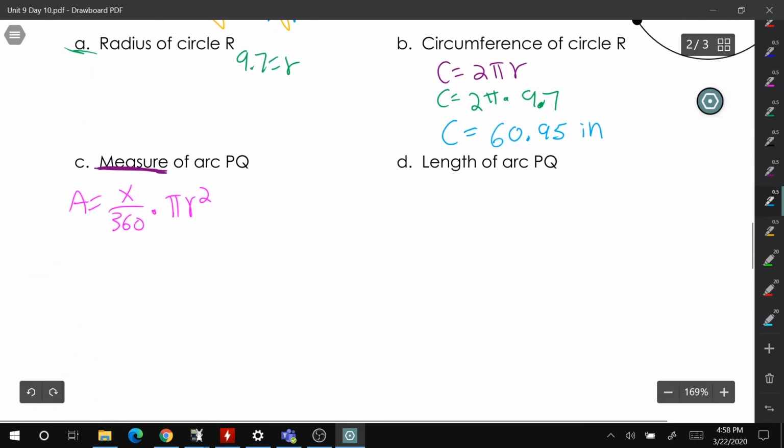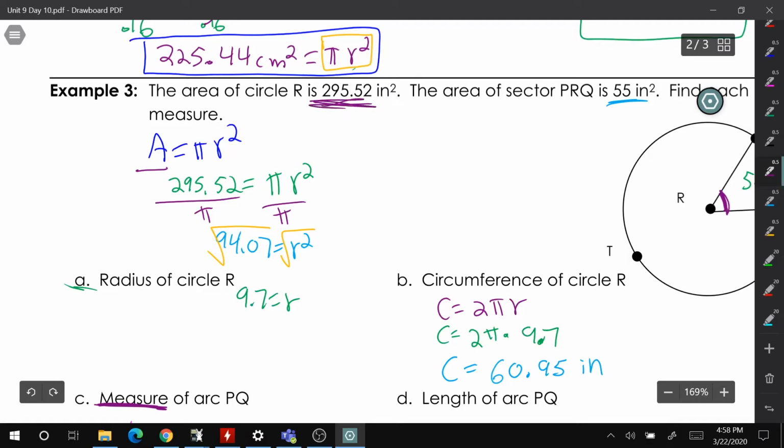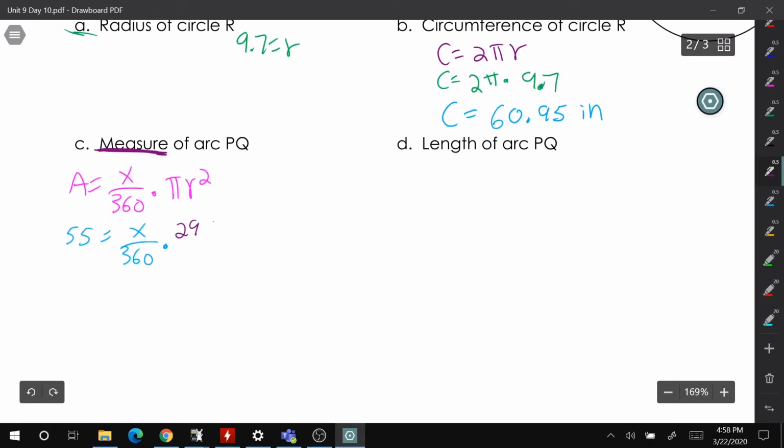So let's plug that in. 55 equals x over 360 times, we know that the area of the whole circle is 295.52.